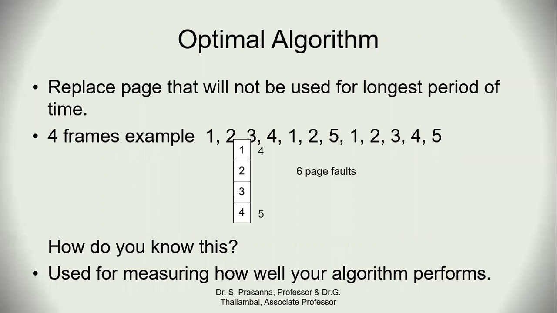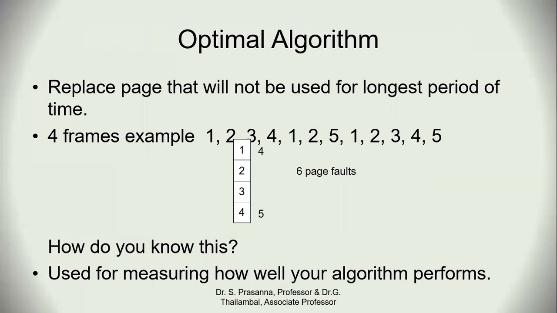So you have to see which pages already in the frame are not going to be used, and that page can be selected as the victim. So according to this four frame example, for this reference string 1, 2, 3, 4, 1, 2, 5, 1, 2, 3, 4, 5.